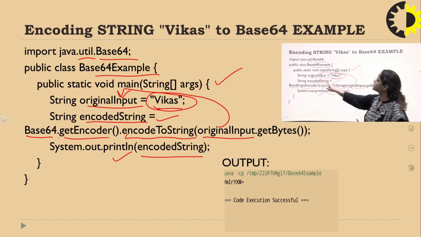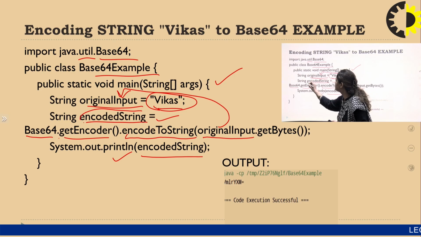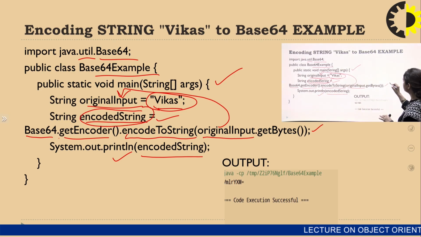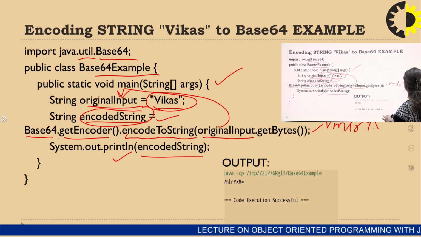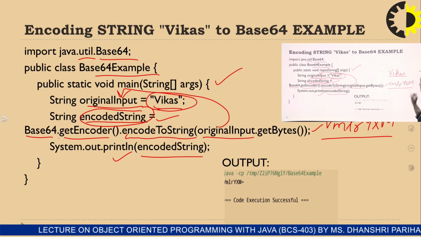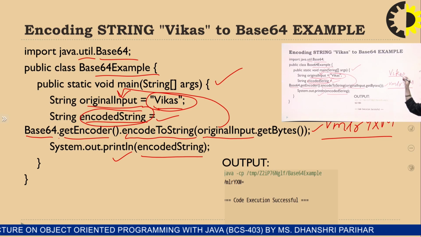So encoded string is the variable which holds that value. Actually, what we are doing is converting the word Vikas, and after conversion we will have this value for this string.